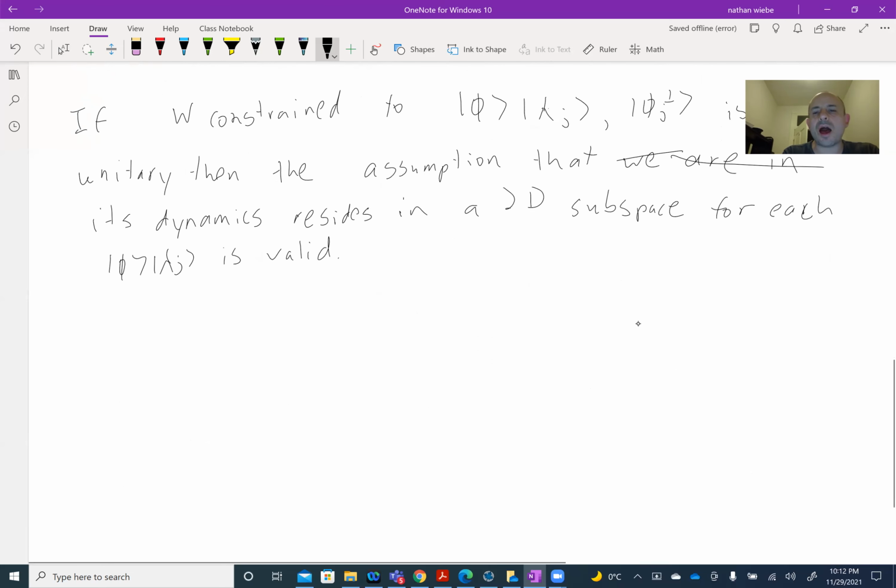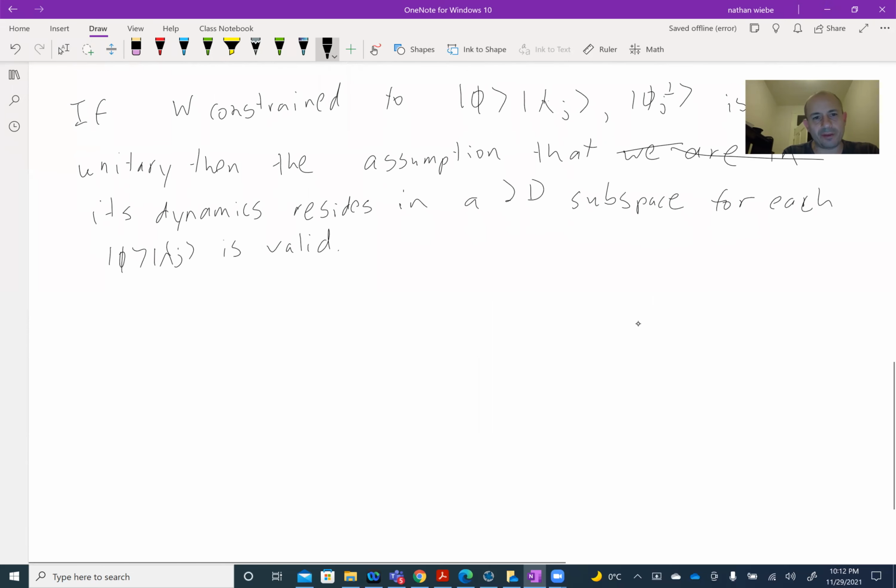Okay, so specifically, how are we going to go about analyzing this? The way that we analyze this is by taking a look at the matrix W evaluated inside this two-dimensional subspace, which I'll denote by this block matrix language.